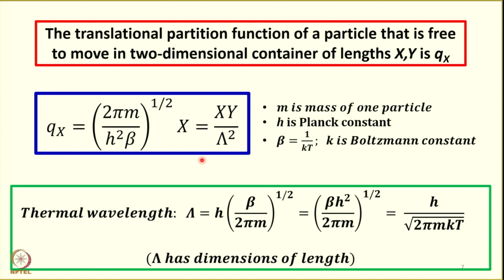So in that case, the partition function Qxy will be equal to 2 pi m over beta h square root, where x into x and y, which is equal to xy over lambda square, right?